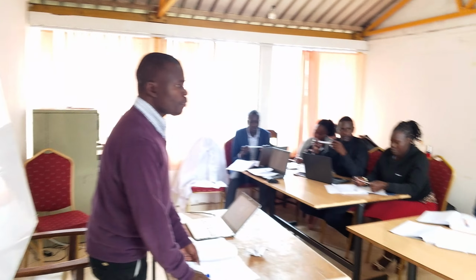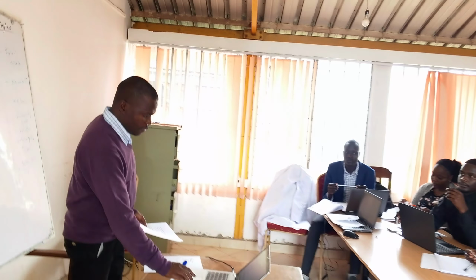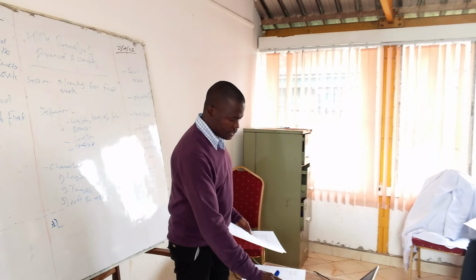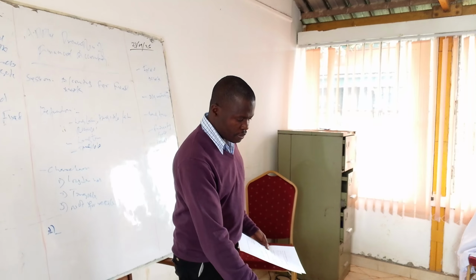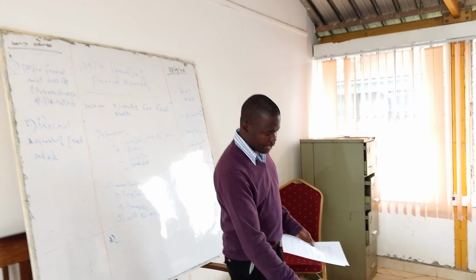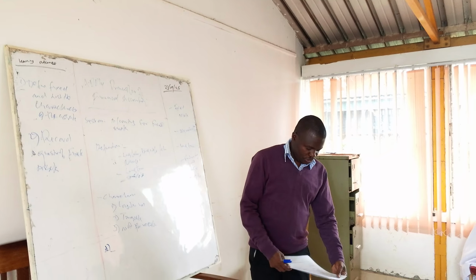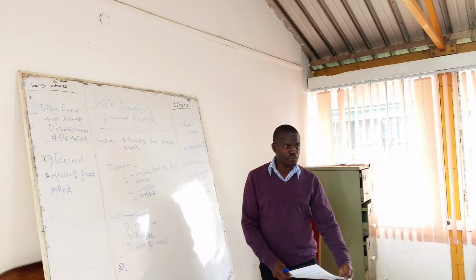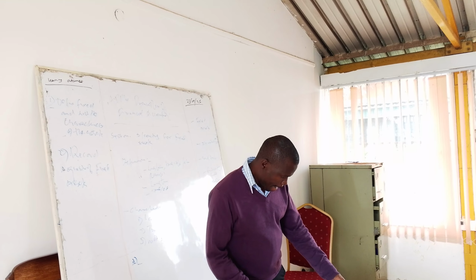What account is credited when paying cash for an asset? The answer is cash or bank account is credited. If an asset is sold, which new account is used? Cash or bank or accounts receivables. Okay. So, thank you for that participation.